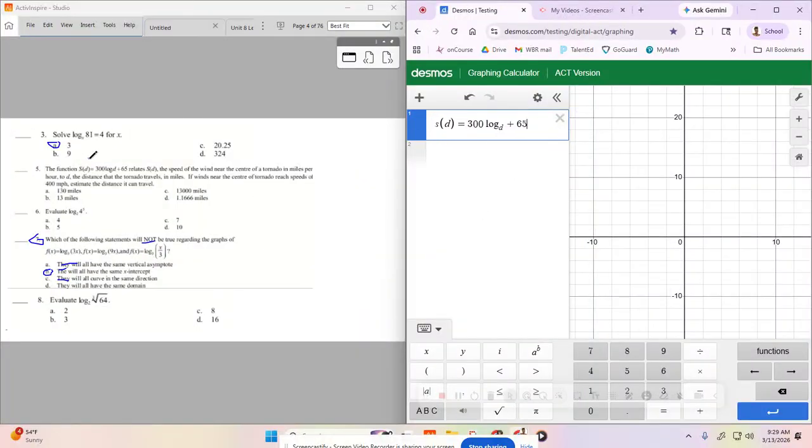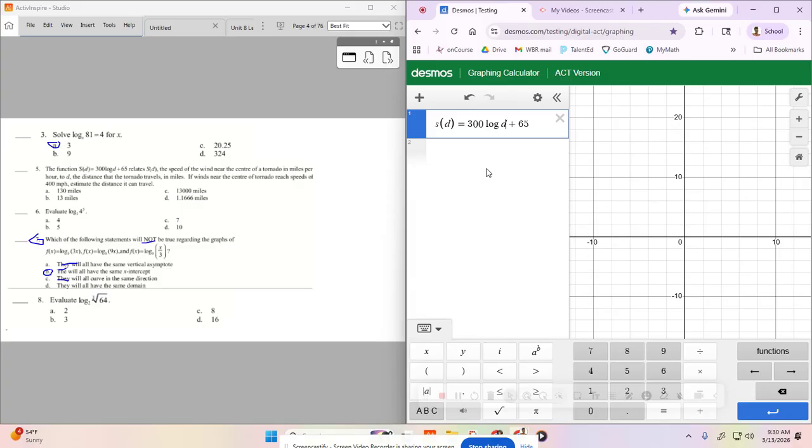Function S of D equals 300 log D plus 65. Is that supposed to be subscript or just log D? Relates the speed of wind near the center of the tornado in miles per hour to the distance the tornado travels.